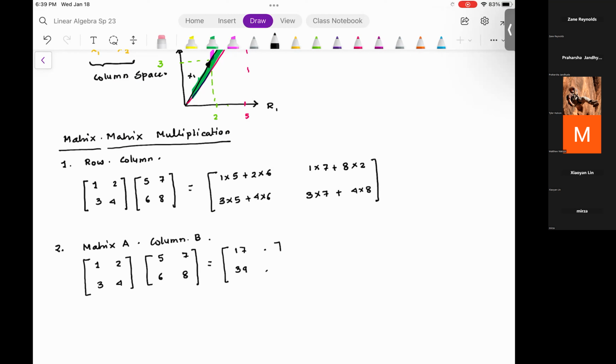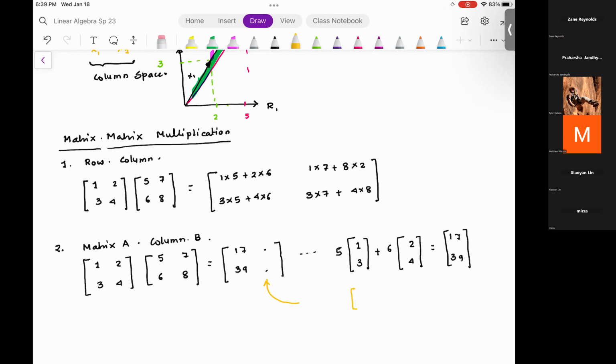This is because 5 multiplied by the first column vector plus 6 multiplied by the second column vector gives you the column vector 17, 39. You can extend the same thing for this one here.